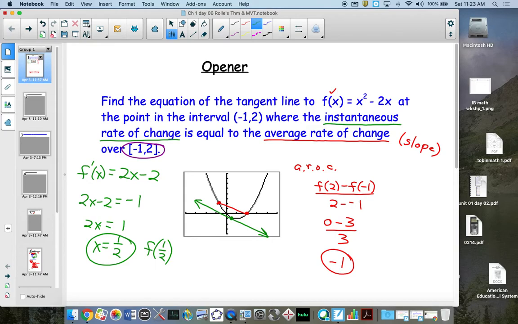So the function value at 1/2 is going to equal 1/4 minus 1, so that's -3/4. I'm just plugging this back into f of x. So here's our y value. We have the point, which is 1/2 comma -3/4, and we have the slope, which is -1.